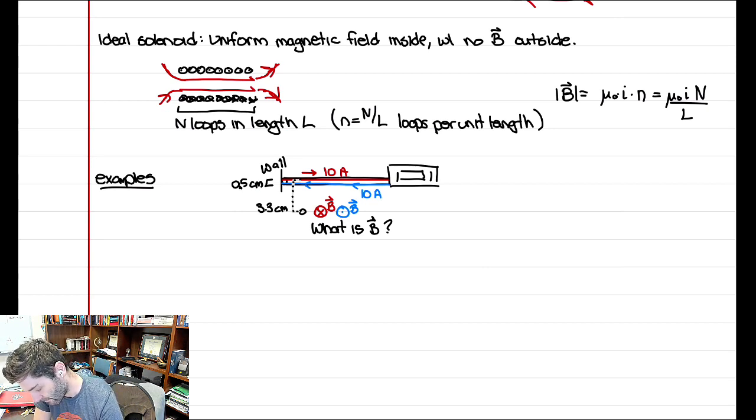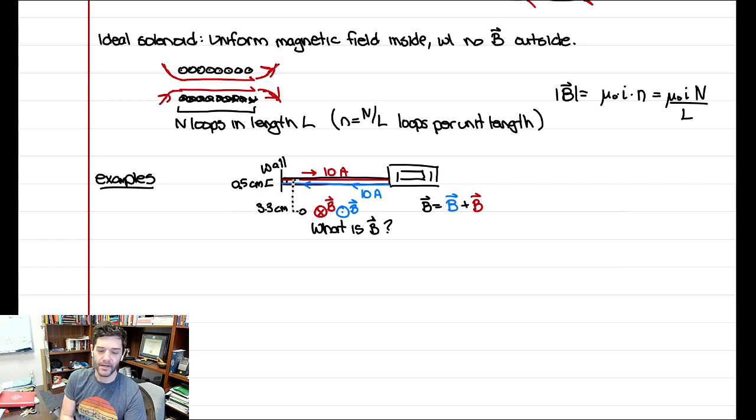So to see which one wins out, I'm going to define out of the page as positive and into the page as negative. I then know that the total magnetic field is going to be the sum of the blue magnetic field plus the contribution from the red wire, which I'll call the red magnetic field.